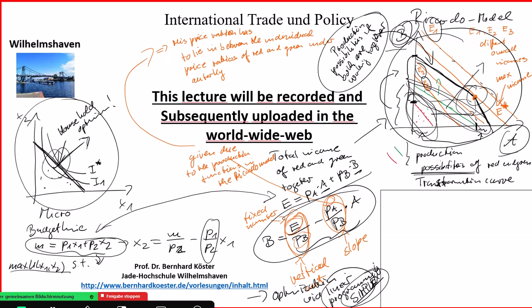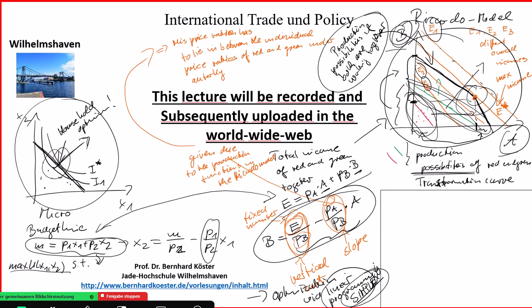And then you ask, well, what is the benefit if they work together? And for this, we have talked about the concept of comparative advantage, and the slope of these transformation curves just represents the exchange ratio between these two goods in the two different countries.